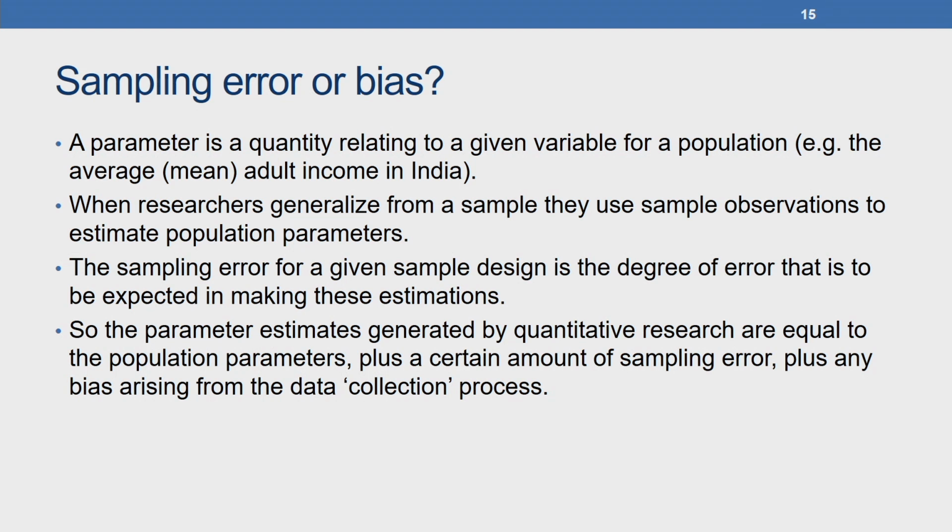So, the parameter estimates generated by quantitative research are equal to the population parameters plus a certain amount of sampling error plus any bias arising from the data collection process. Because of investigator and respondent bias and the methods of sampling that we are employing to draw a sample from the population, all of these taken together can result in some amount of error, and that is what is referred to as sample error.